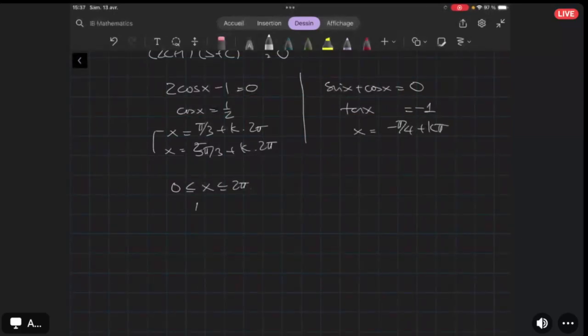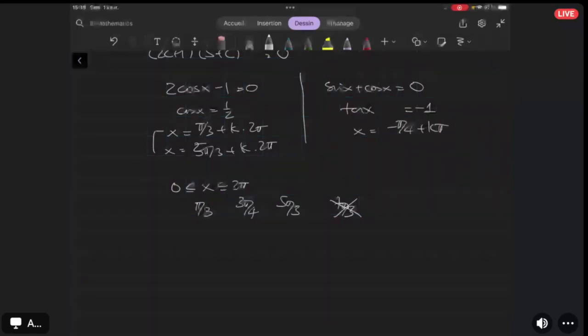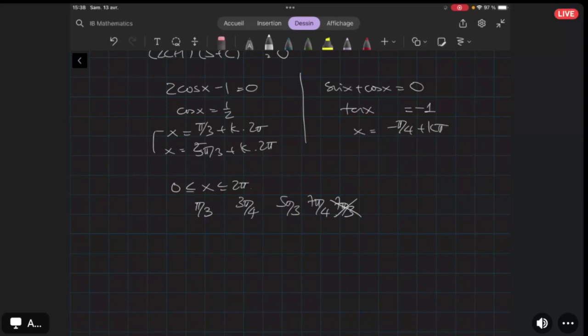So we start off with pi over 3. Add 2 pi, you get 7 pi over 3. That's out. 5 pi over 3, we add 2 pi, that's out. Minus 2 pi, that's also out. Pi over 4, you add pi, you get 3 pi over 4. You get another pi, you get 7 pi over 4. You add another pi, you're out. So, grand total, 4 solutions.